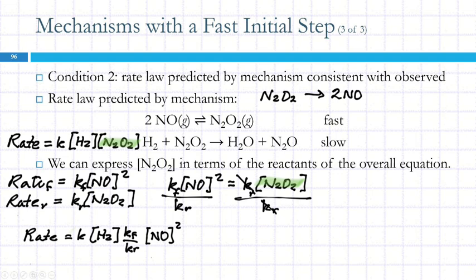That's when you really mean no. Any questions about that? Well, this is starting to look like the correct rate law, but we've got too many rate constants in here. We can collect all of these guys and just call them K.